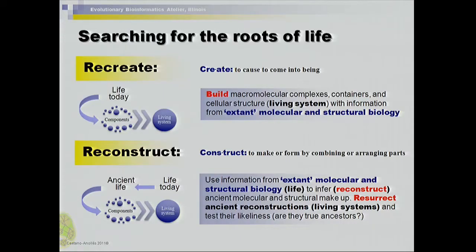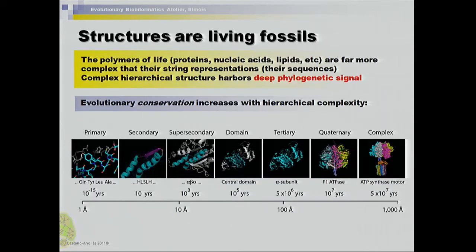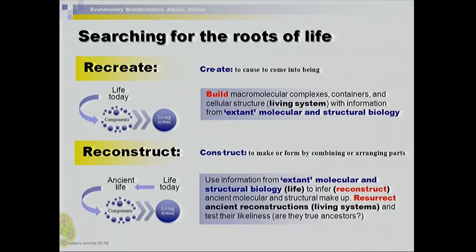The ones we've heard from Craig and Jack yesterday, where we use an approach of creating components based on information that is extant, present in today's living systems, and we try to reconstruct or build a living system from those components.